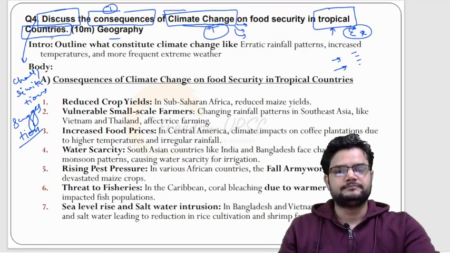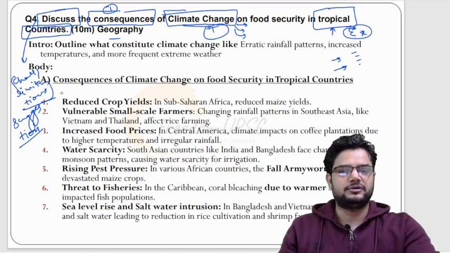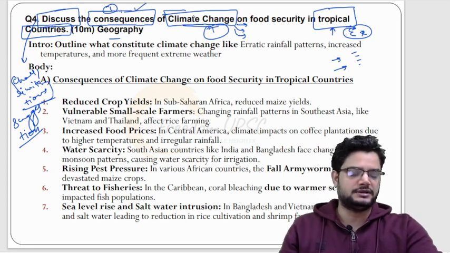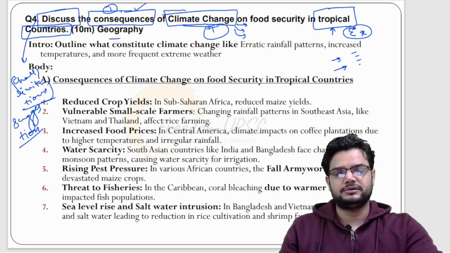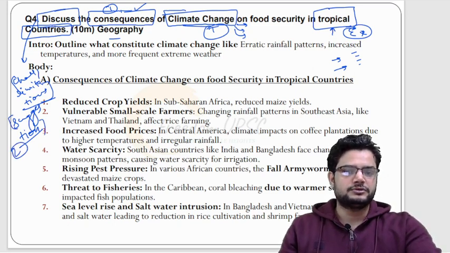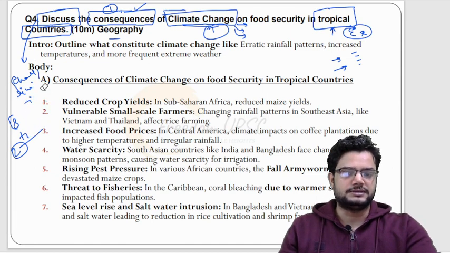The challenges and limitations we have already covered in consequences, because there will only be negative consequences of climate change; there cannot be positive change, except in some cases, but you will outline only the negative consequences. You have to give suggestions too in the second part. This is how you will structure this particular answer.